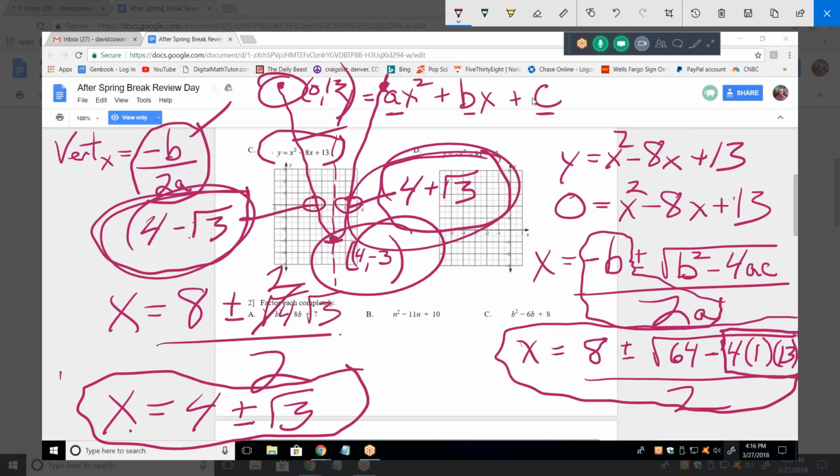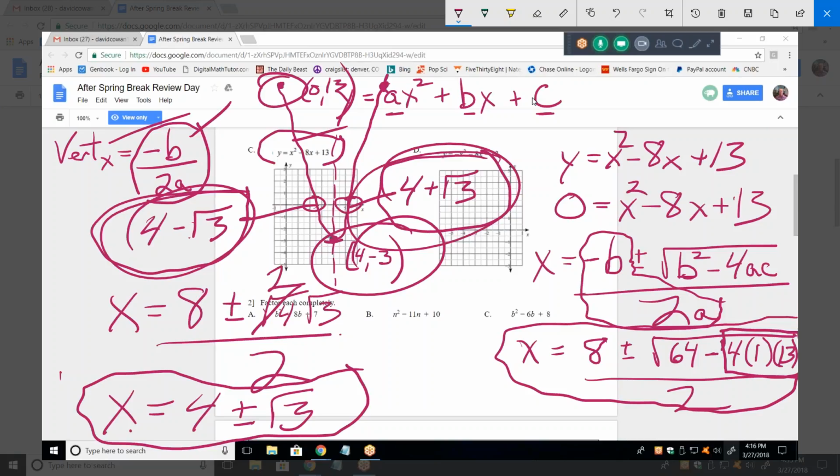Now, there's a lot of math in this. A whole lot. If I knew I was going to have to use the quadratic formula to begin with, then I wouldn't have done this step here. I would have used the quadratic formula.